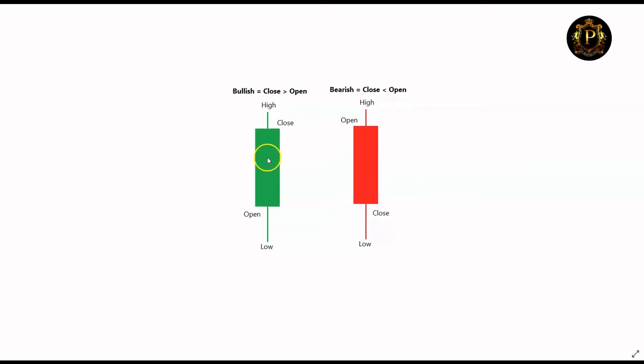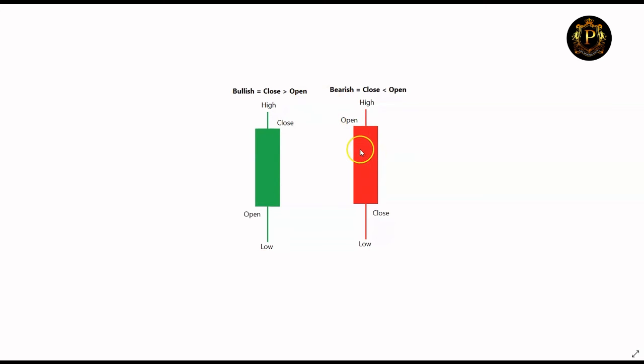This is the body here, and what you have here are what you call shadows. These tiny lines here are called the shadows. On this particular day, this was the open and this was the close, so the market was bullish. Over here, it's the opposite.